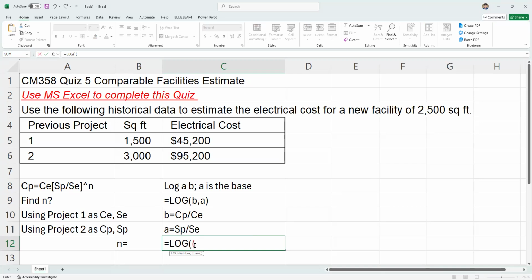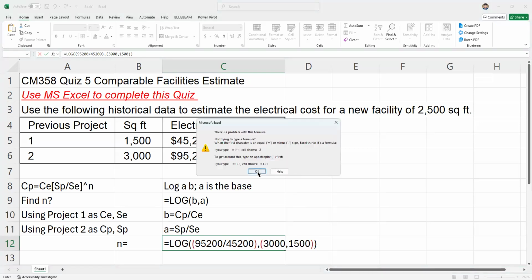B is C proposed, 95200 divided by 45200, right? And then I put in the base. The base is 3000 divided by 1500. Make sure you have the two brackets here, or you see the block over here to close it.